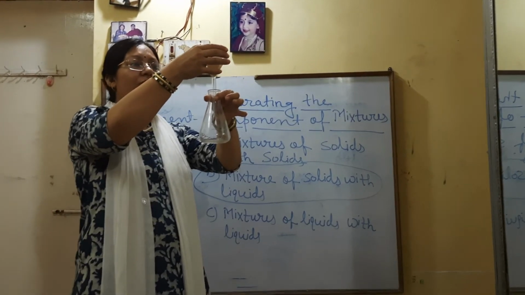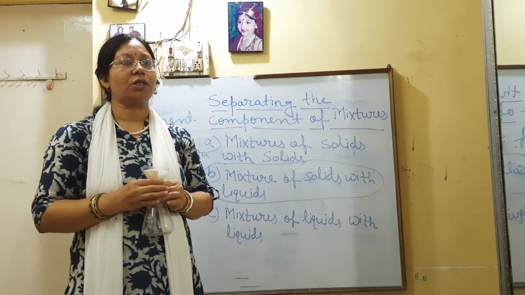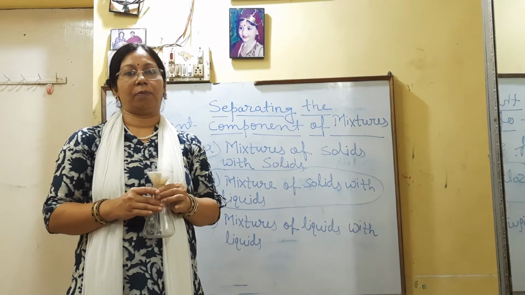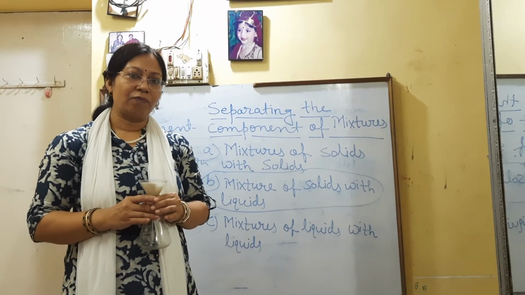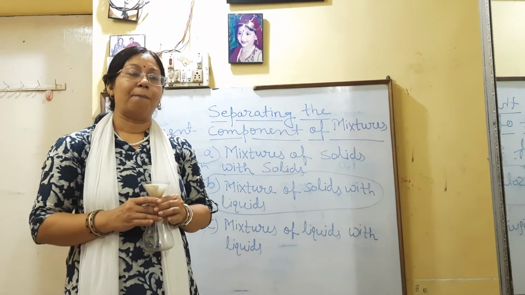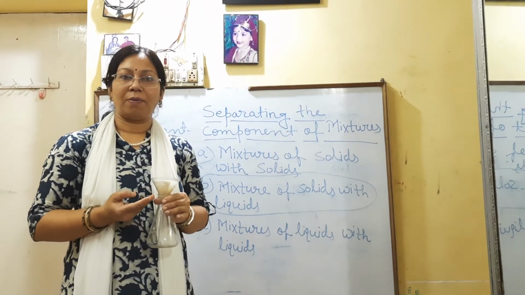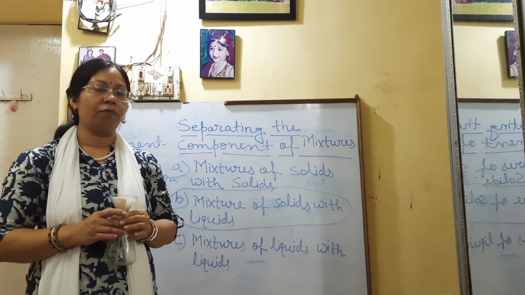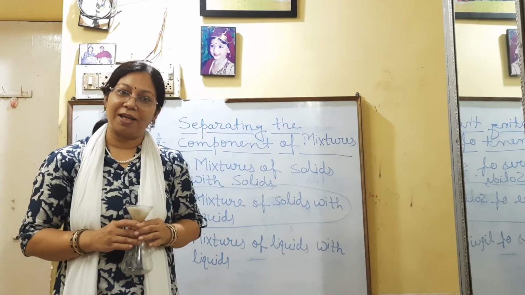In our day-to-day life, we use many other things for this filtration purpose, like fine particles of sand, charcoal, muslin cloth, and filter paper, which you have already seen. So these things are used for the process of filtration. So that is all for today's class. Have a nice day. Thank you.